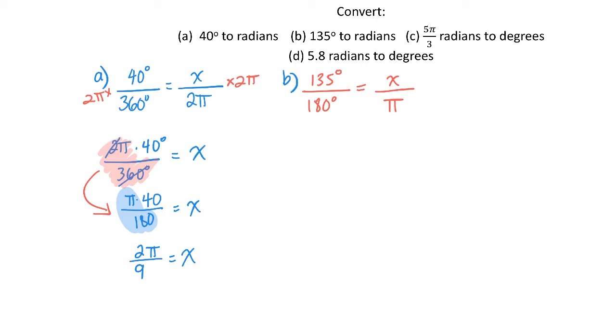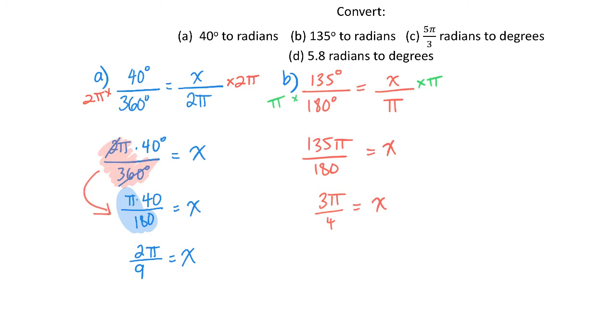So to rearrange, I multiply both sides by pi, and we get 135 pi over 180 is equal to x. And we simplify from there, so 135 out of 180 is 3/4, so 3 pi by 4 is equal to x. That's how many radians 135 degrees is.